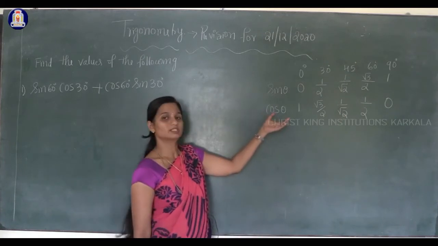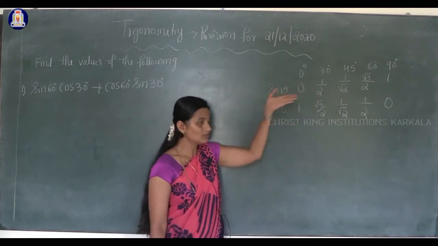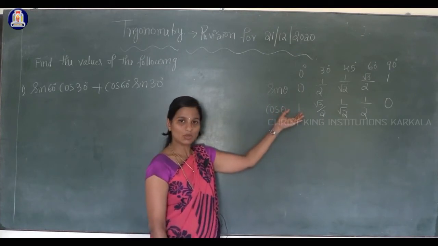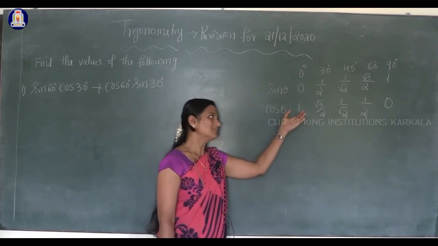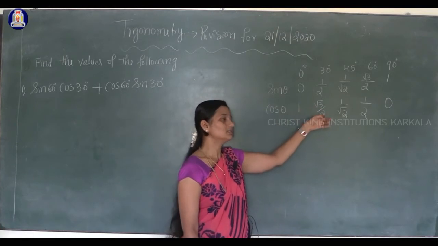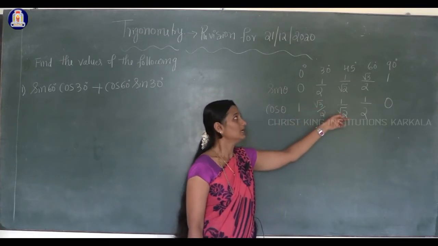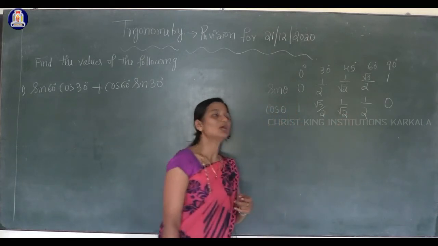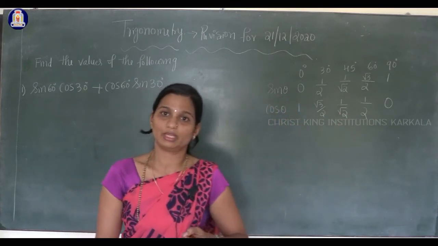Secant is the reciprocal of cos. So secant 0 is 1, secant 30 is 2 divided by root 3, secant 45 is root 2, secant 60 is 2 and secant 90 is infinity.